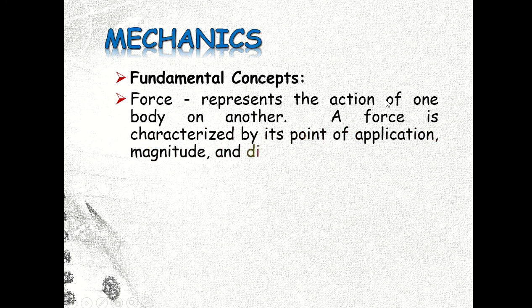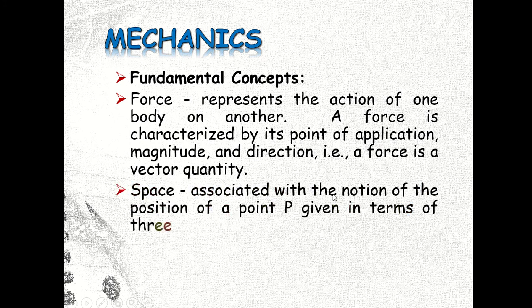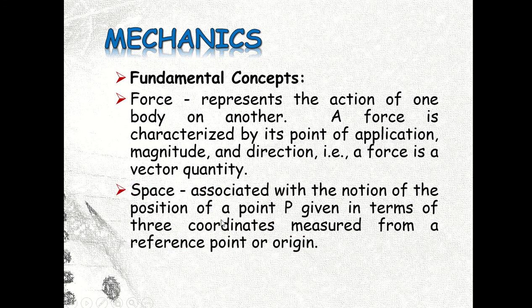Force represents the action of one body on another. A force is characterized by its point of application, magnitude, and direction. That is, a force is a vector quantity. Then space is associated with the notion of the position of a point P given in terms of three coordinates measured from a reference point or origin.